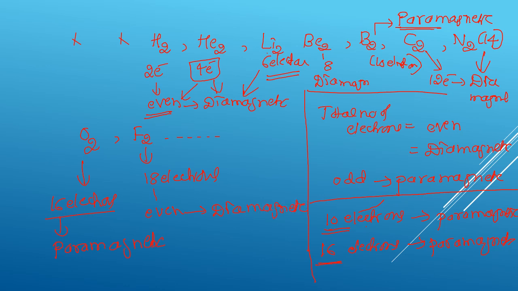So, this is in the case of neutral molecules. In a similar way, we can also identify paramagnetism and diamagnetism in the case of cationic as well as anionic molecules. So, let us see it.